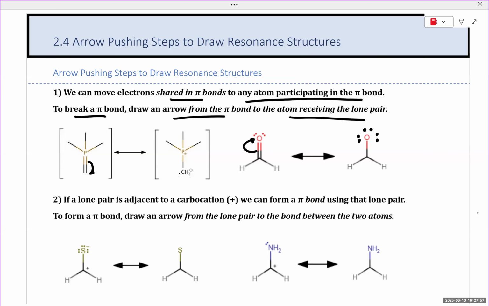This additional lone pair has consequences. The formal charge of oxygen now becomes -1. Likewise, carbon, as it lost a bond, has a positive formal charge. So just make sure when you redistribute your pi electrons, you recalculate formal charges.